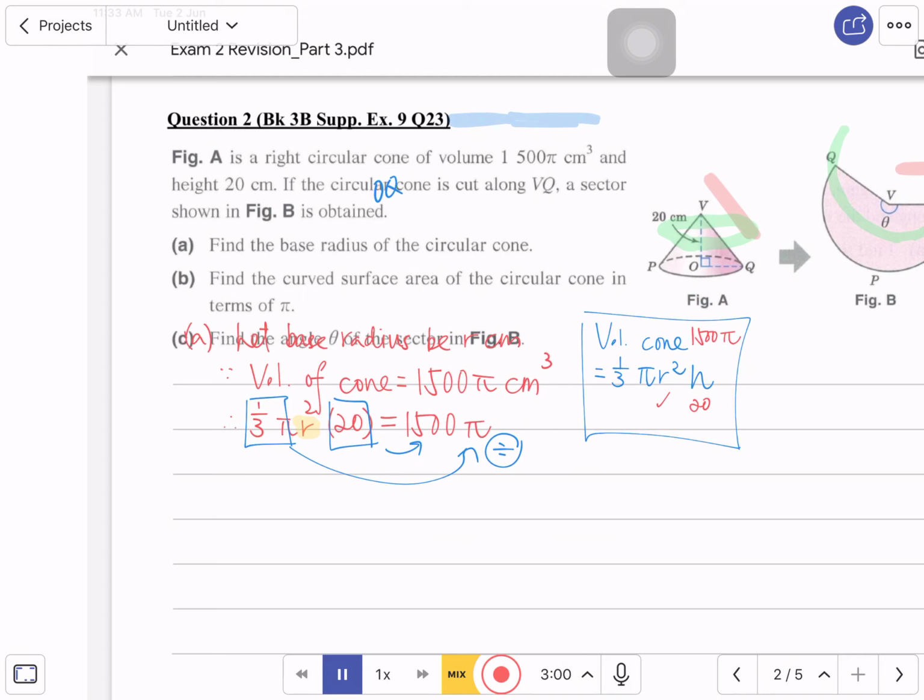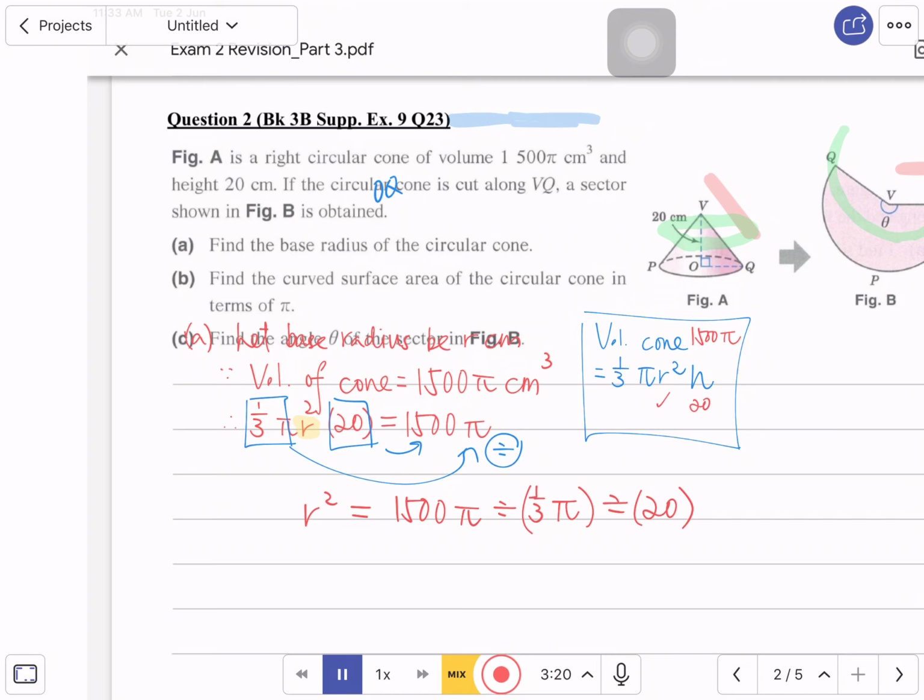After that, the left hand side will be r square, and the right hand side will be 1500 pi divided by 1/3 pi divided by 20.